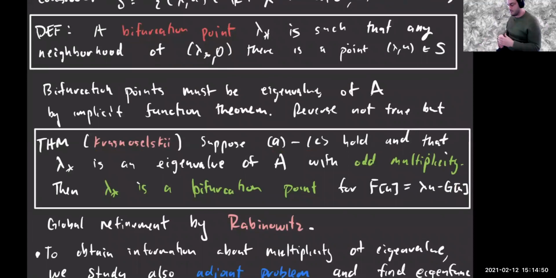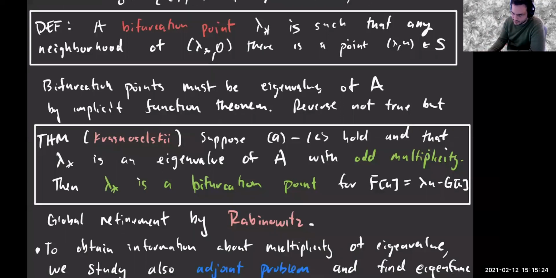So basically, if we can construct a solution of the linearized problem, and we can verify that the eigenfunction that we construct has odd algebraic multiplicity, then we can appeal to this theorem and thereby construct a nonlinear generalized eigenfunction that gives us the stationary state. And there's a refinement of this by Rabinowitz, which actually allows you to say something more global. You can say that there's a continuous family as you increase the parameter lambda, but let's just use this one for now.